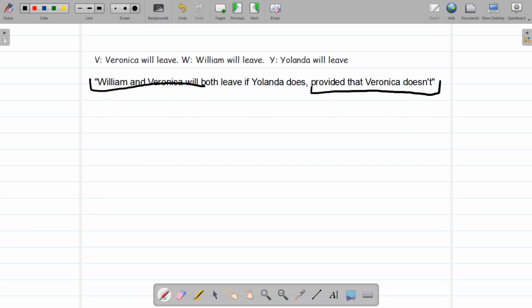William and Veronica will both leave if Yolanda does, provided that Veronica doesn't. So these are our two main chunks. Now, provided that is our main connective, right?